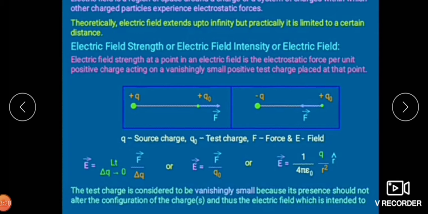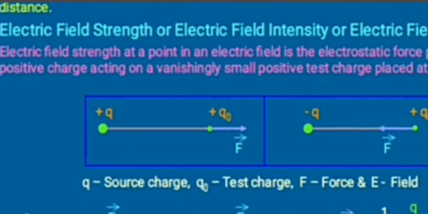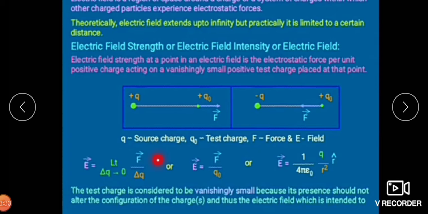Electric field intensity is given by the limit of F upon Q0 as Q0 tends to 0, or E is equal to F upon Q0.